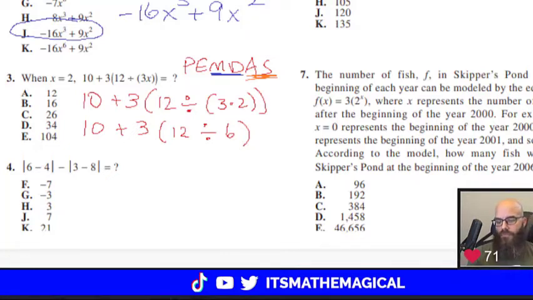Okay? And so now we continue. We still have parentheses, so go inside of that parentheses. 12 divided by 6 is 2. So we have 10 plus 3 times 2.